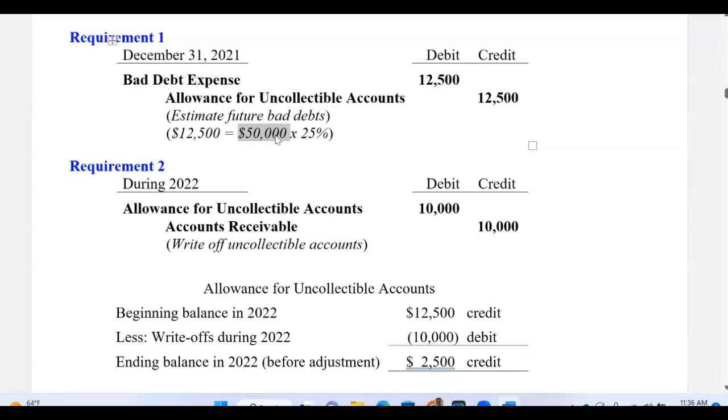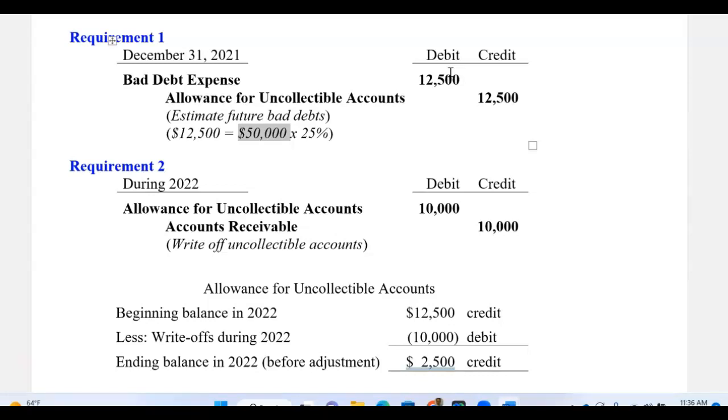If you go with credit sales, you might say just, for example, maybe 3%. So 3% of your net credit sales, whatever it is, you just debit or credit that, like this example. So in regards to percentage of credit sales, the balance remaining in the allowance for doubtful account doesn't matter.